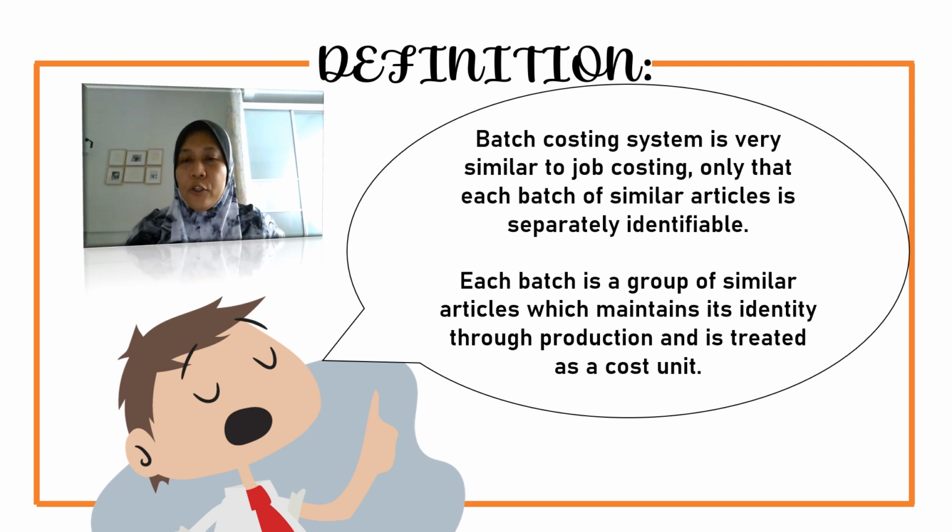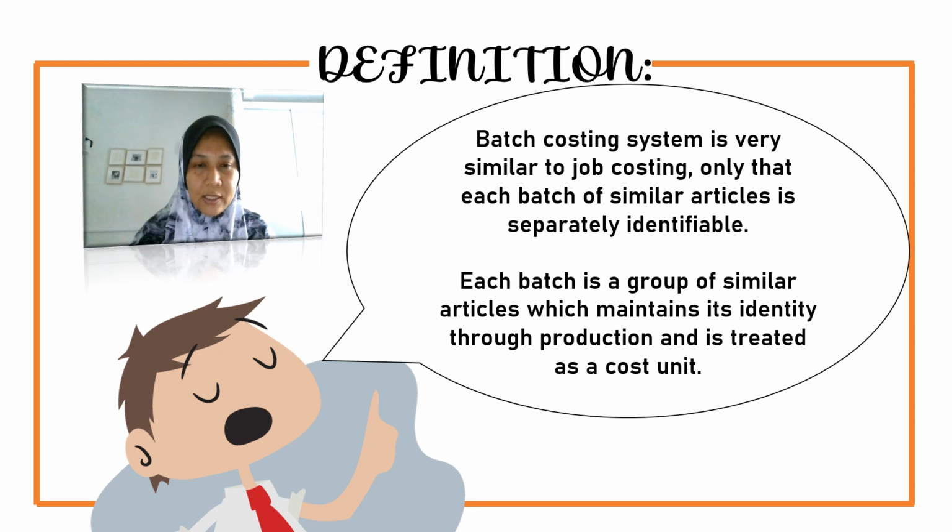Let's move on to batch costing. The batch costing method is very similar to the job costing method, only that each batch of similar articles, products, or units is separately identifiable. Each batch is a group of similar articles, products, or units which maintains its identity through the production and is treated as a cost unit.